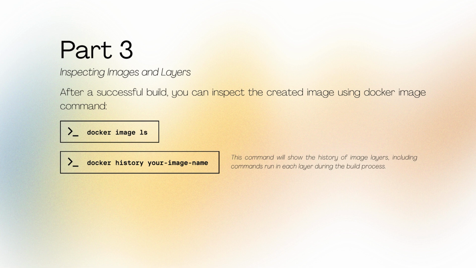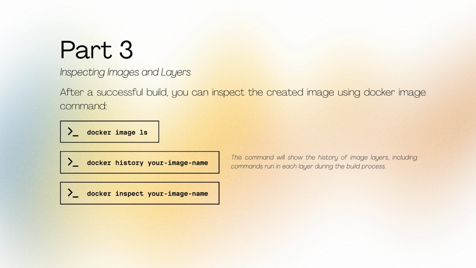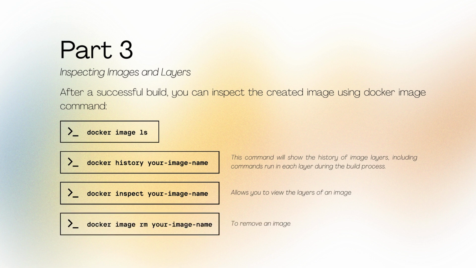Another really good command to know is docker inspect and then the name of your image, which will allow you to view the layers of an image, which you could also find pretty handy during troubleshooting. And lastly, if you would like to remove that specific image, you can just run docker image remove and specify the name of the image.